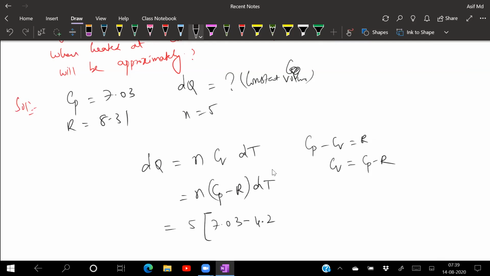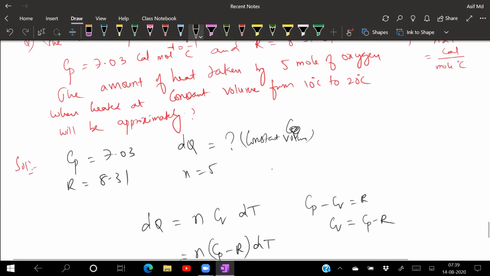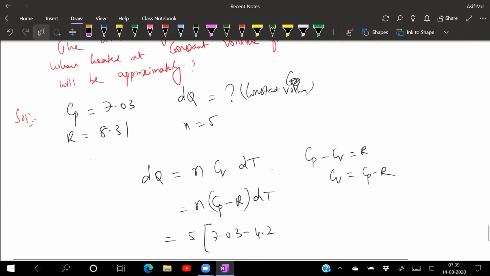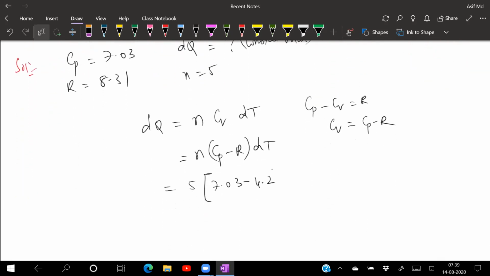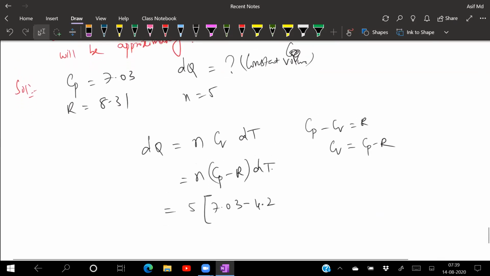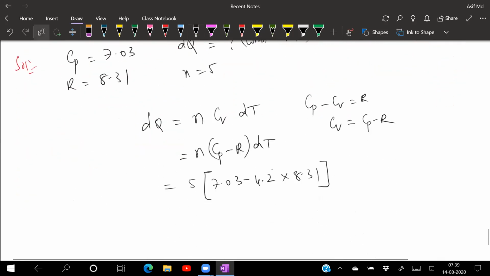But here, very important: the R value is 8.31, which is given in joules. You have to convert it. So we need to convert it, right now, for that one. So R value into 7.03, converting 8.31 into calories, and then 20 minus 10, the temperature is 20 minus 10.